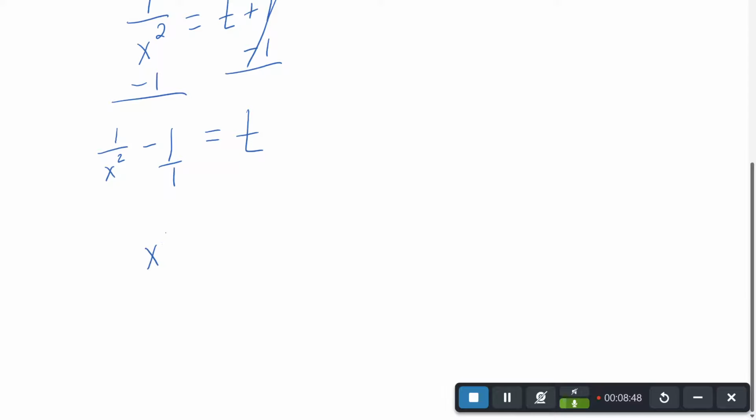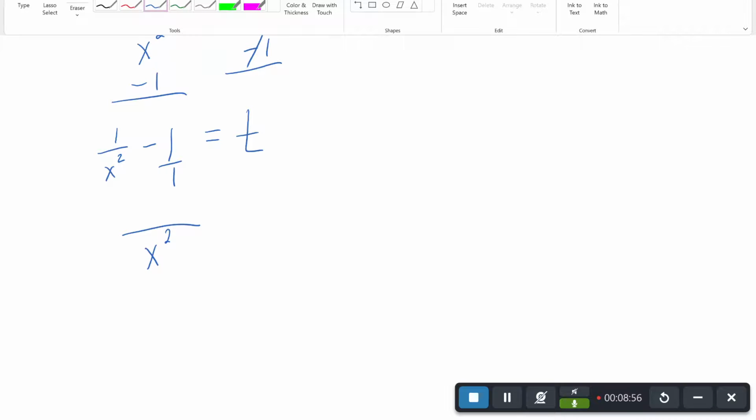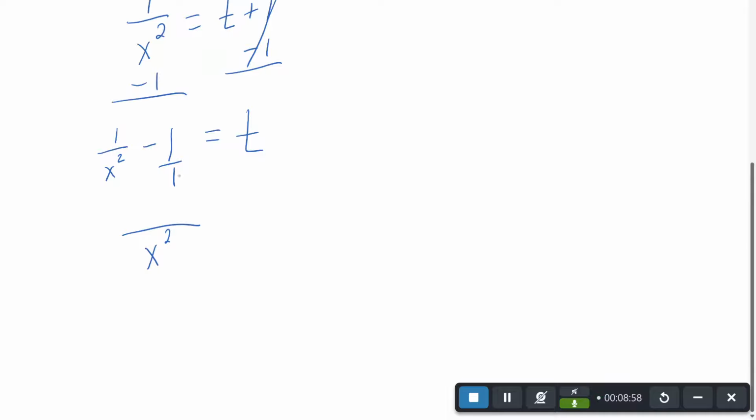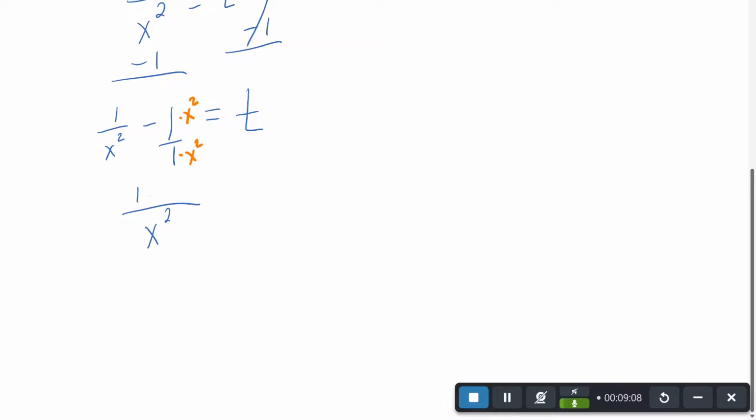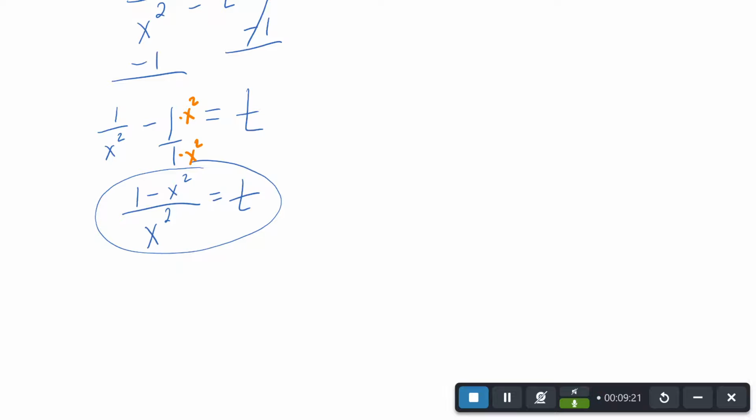If I get the same denominator, then I can use x squared as my common denominator, which would give me 1 minus x squared. Like that. So t is 1 minus x squared over x squared, if I simplify this down to a single term.